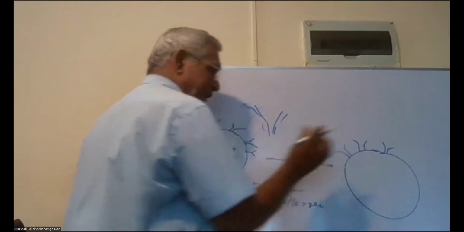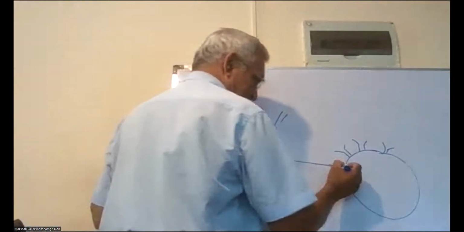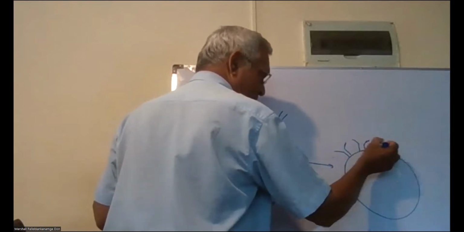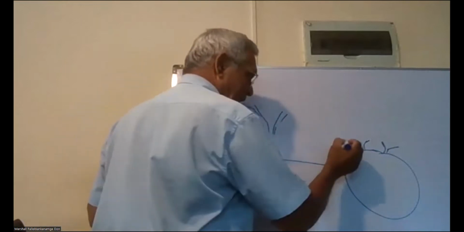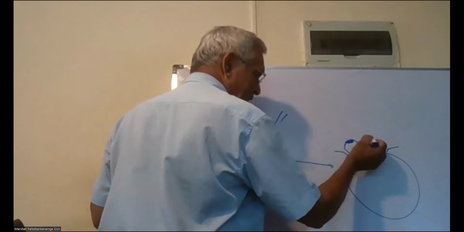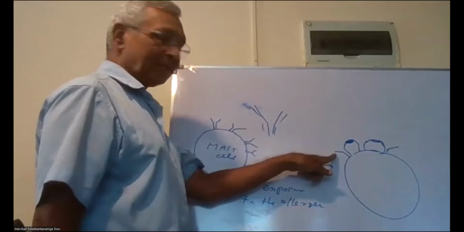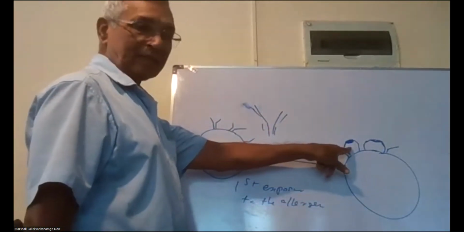Antibodies are now attached to the same mast cell. Then the antigen in the second exposure comes and binds to these antibodies. The same specific antigen will come and cross-link here.